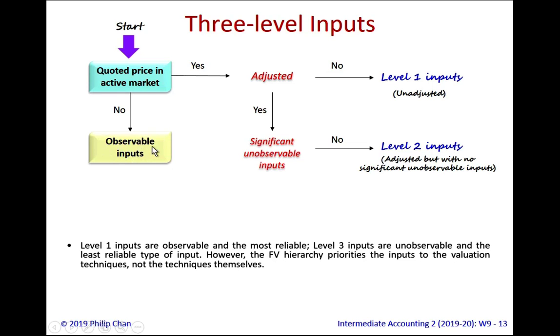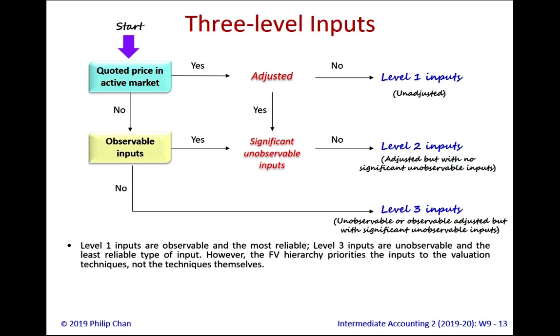But your inputs are still considered observable, like level 2. And if you do not require any significant unobservable inputs for adjustments, then of course it would be level 2 as expected. But if your input is not observable, then it is likely that you will have level 3 inputs, because they are unobservable.